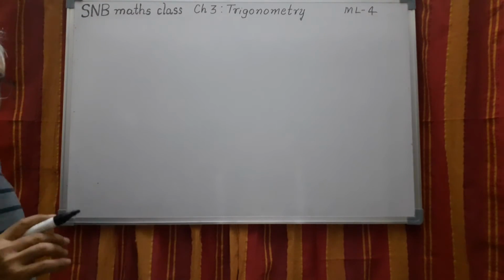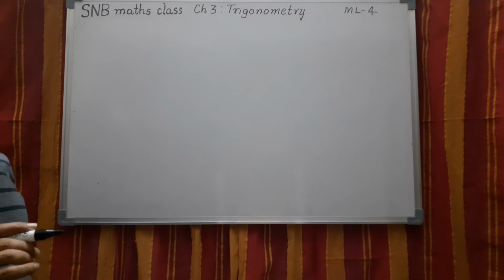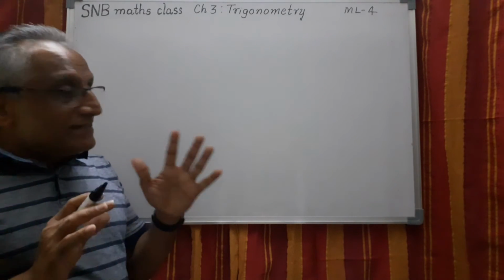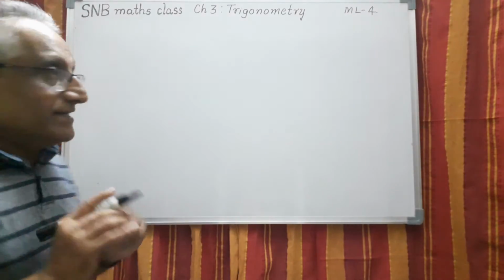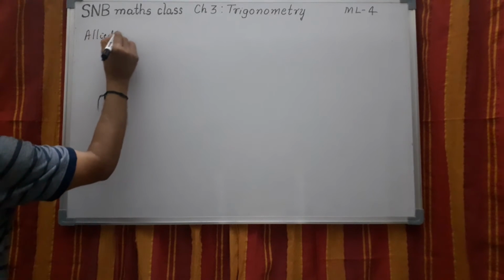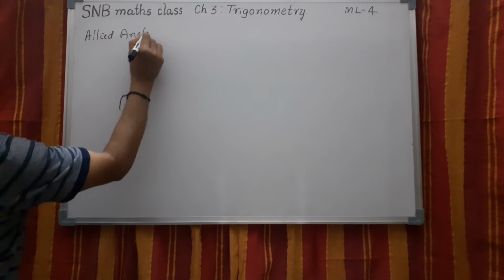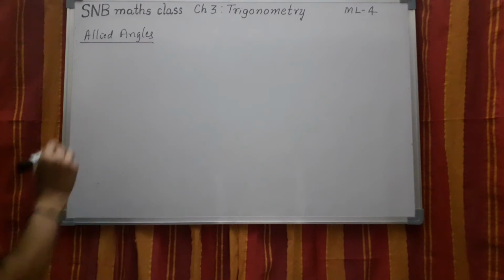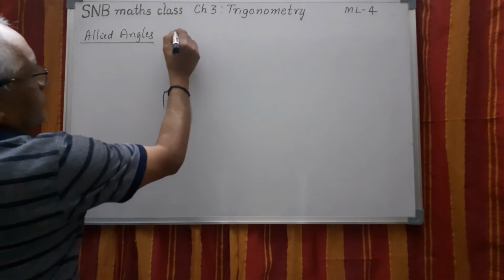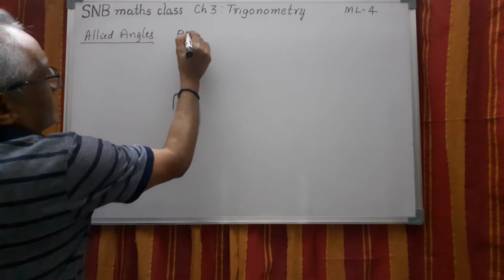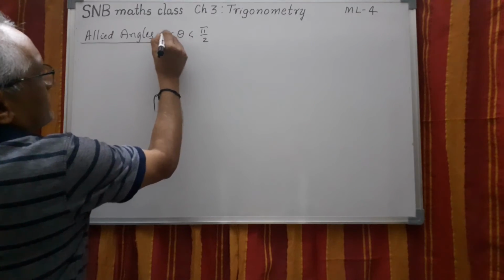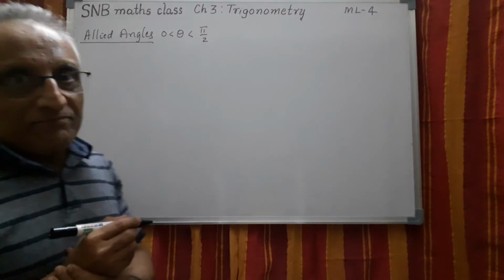The next one is allied angles. I doubt whether I can complete the concept, but let me give you just an idea. This is another important concept, allied angles. What do you mean by allied angle? Let me explain. You take, for example, a theta, let us say between 0 and pi by 2, that is, an acute angle.